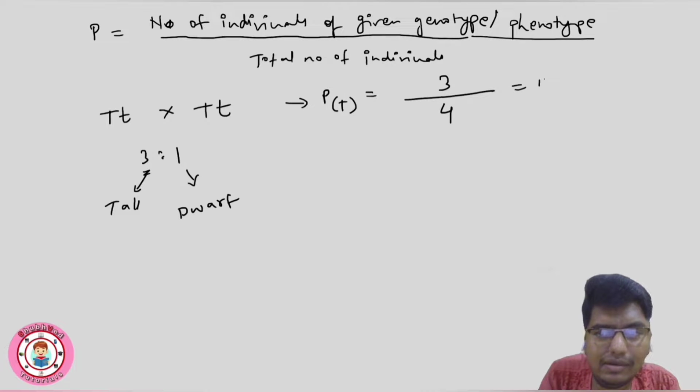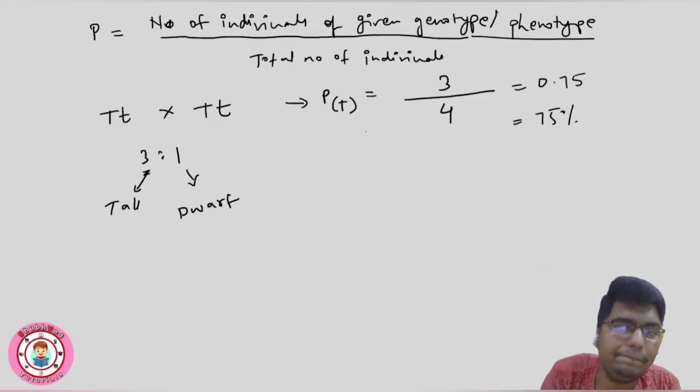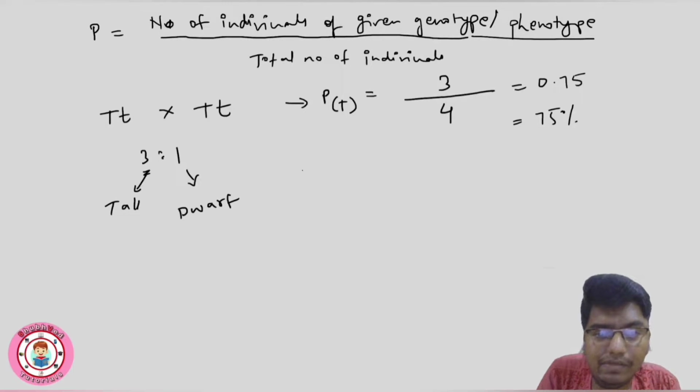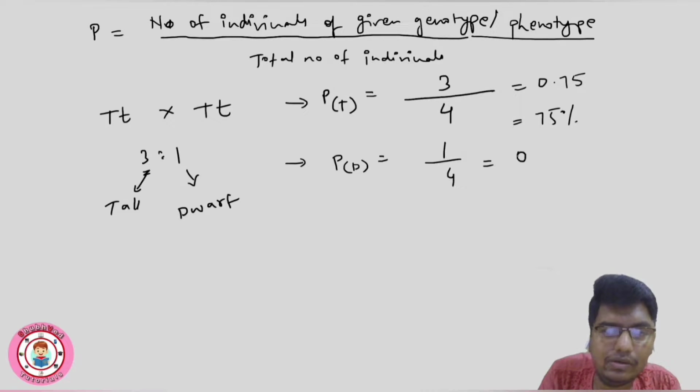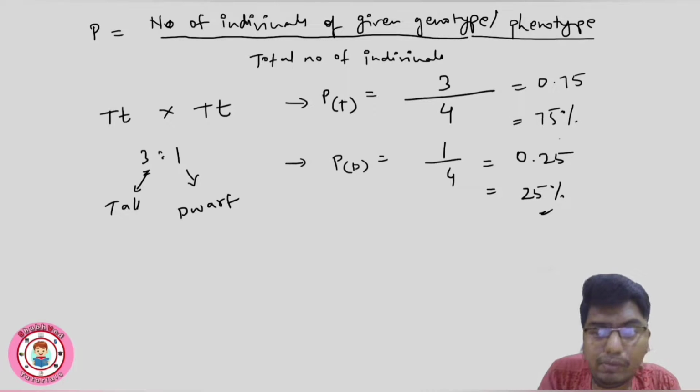What will be the answer then? 0.75, meaning 75%. Got it? Now the next example, the probability of dwarf. Dwarf is 1 upon 4, right? 0.25 means 25%. So this is how we will find the probability of a genotype or phenotype, the desired thing, right?